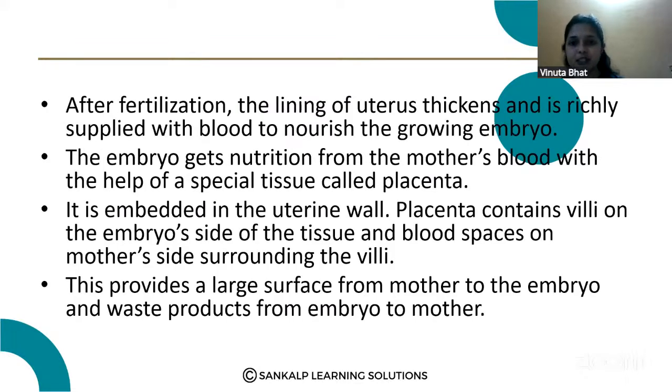After fertilization, the lining of the uterus thickens and is richly supplied with blood to nourish the growing embryo, and the embryo gets nutrition from the mother's blood with the help of a special tissue called the placenta.